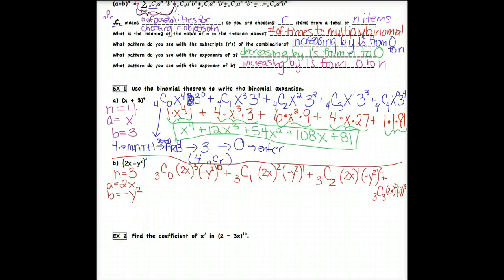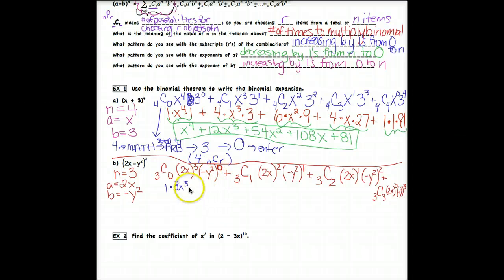Again, you should hopefully now know how to punch a combination into your calculator, and you'll notice a pattern. Anytime you're choosing 0 or choosing the same number, it's going to be a 1. So this is going to be 1 times this. You need to use exponent rules. 2 cubed is 8, so that's 8x cubed.